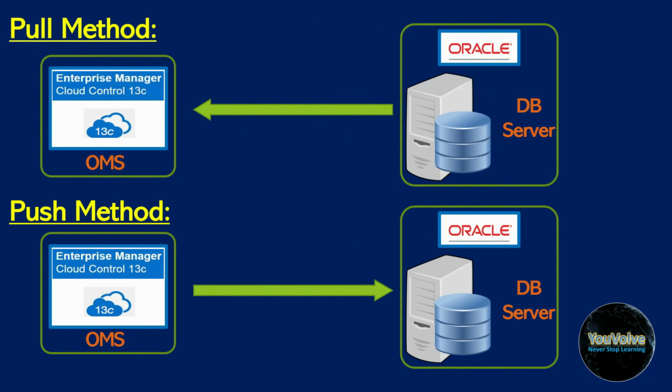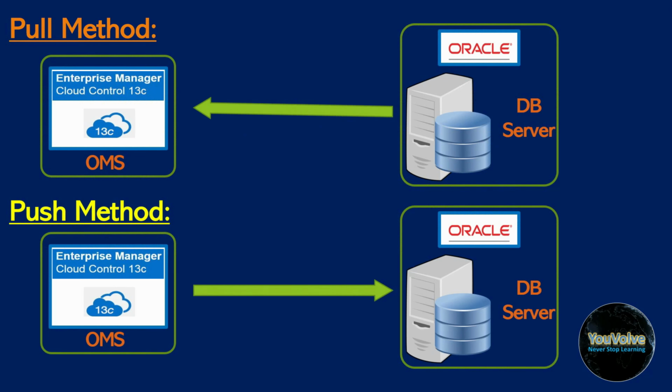The 2 methods that we are going to demonstrate are the pull method and the push method. In the pull method, we create an installer image of an already installed agent, then transfer that image to the target server with the same OS environment as the source environment and run the agent installer in the target server.